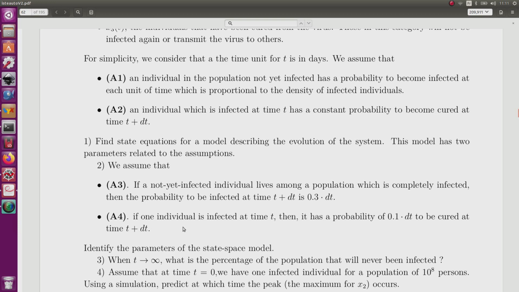So it means that if I have 10 people that are infected, the day after, 9 of them will still be infected and 1 will be cured. From this information, I have to identify the parameters P1 and P2.